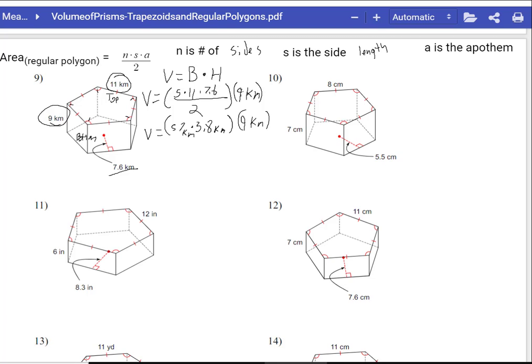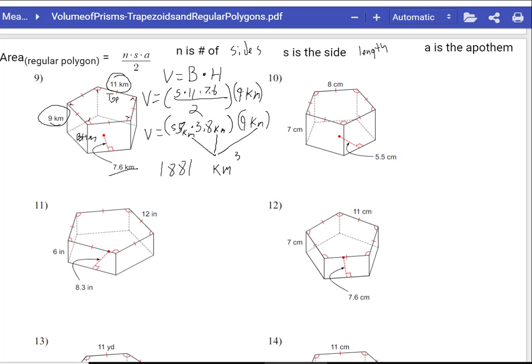If I multiply each of these km's, how many do we see? 3, so it's going to be cubic kilometers, or kilometers cubed. Oh, that's not 57, that should be 55, because 5 times 11 is 55. Now we just multiply 55 by 3.8 times 9.